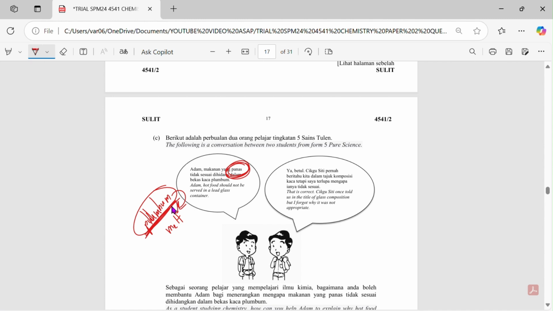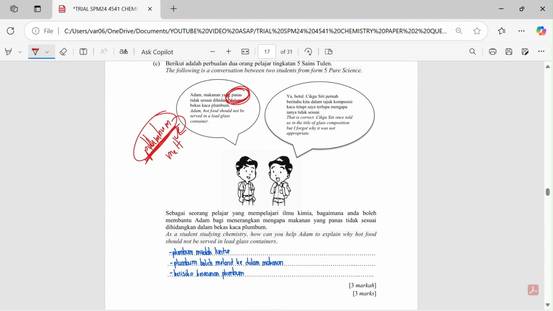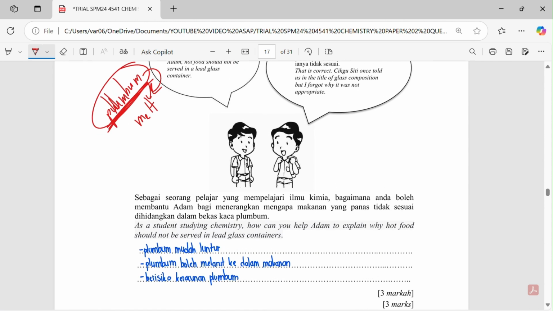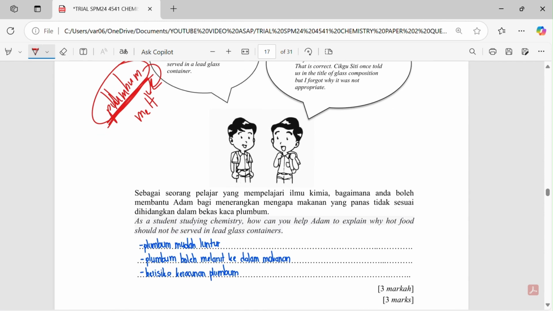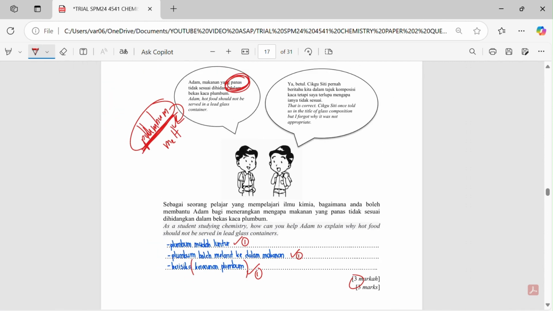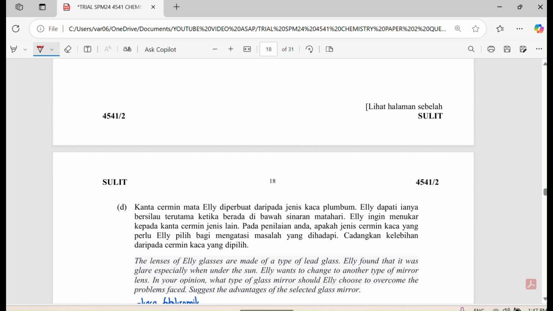So if plumbum mix together with the food, you would get berisiko keracunan plumbum. Okay. So first, plumbum mudah luntur. Plumbum boleh melarut ke dalam makanan and it can cause keracunan plumbum. 3 marks there. Alright.